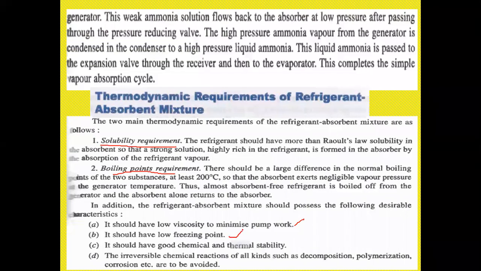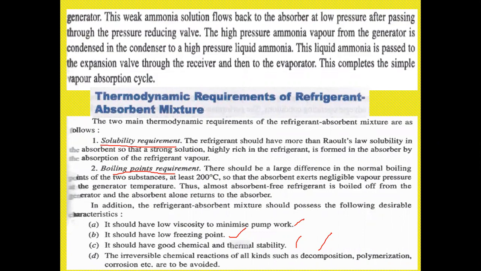Next, it should have a low freezing point. So the freezing point should be very low. Next, it should have good chemical and thermal stability, so that reversible chemical reactions of all kinds such as decomposition, polymerization, corrosion, etc. can be avoided.